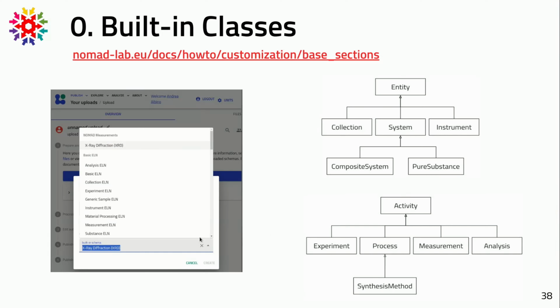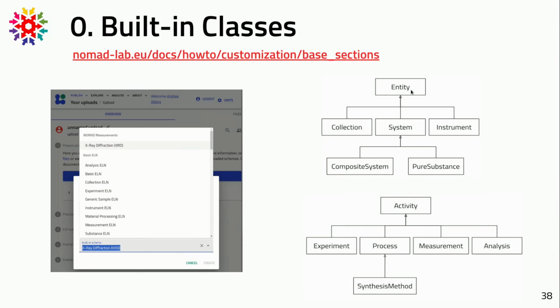Okay, so the main data model that we have is based on entity and activity concepts. All the data arising from an experiment can be cast in one of these two main concepts. You see here already some inheritance tree.